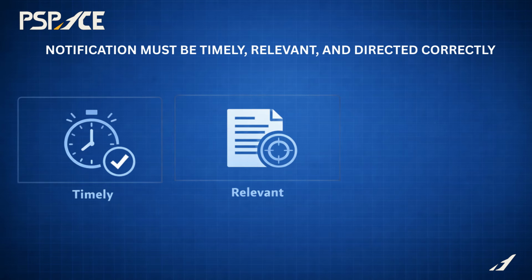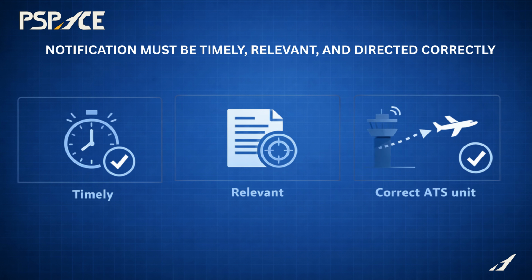A notification to the wrong unit may delay action at the point where coordination is needed most. The commander's responsibility therefore includes judging which ATS unit is appropriate, ensuring the communication is made without unnecessary delay, and ensuring that the message gives ATS a usable understanding of the operational change or need.